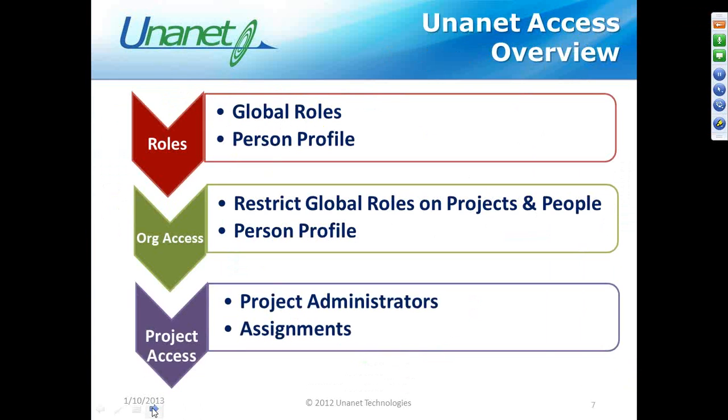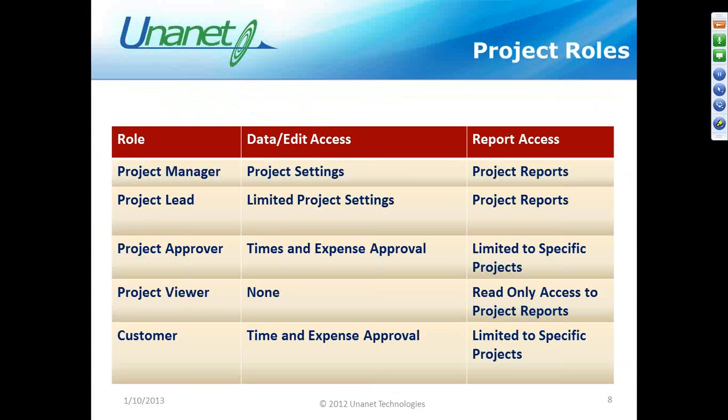And then you could further limit access at the project level, where you can give certain people rights to that project based on their roles and assignments. The project roles are very important because most of you do have some kind of project manager or project lead role within your organization. So again, this is very important.